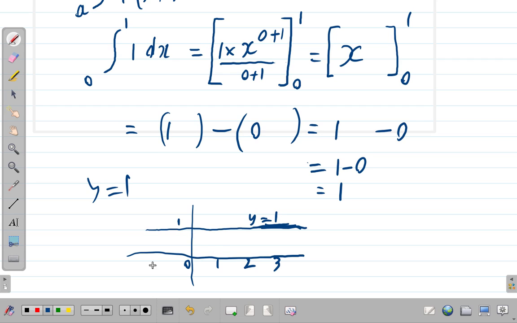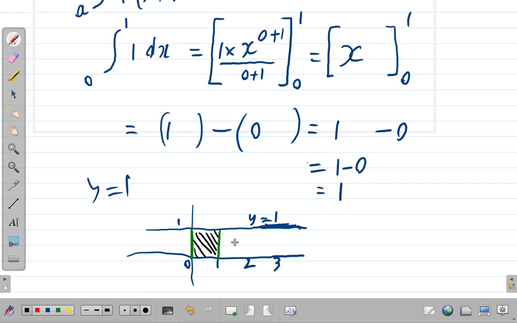So if you have a vertical line at 0 and a vertical line at 1, what you really did was to find this shaded area. The shaded area is 1 wide and 1 high, which is 1. All right? This is the line y equal 1. So this represents the function, and you're going from 0 to 1.